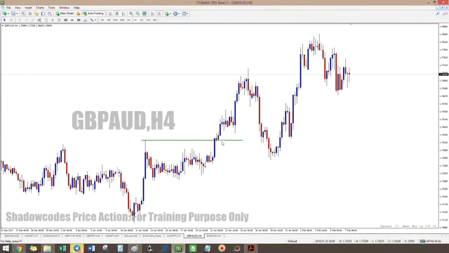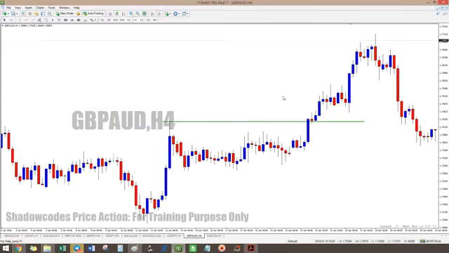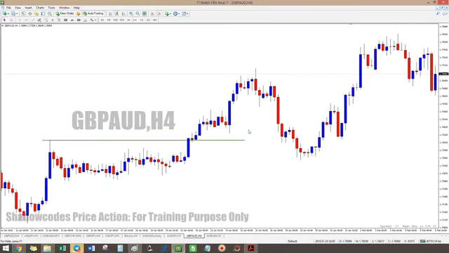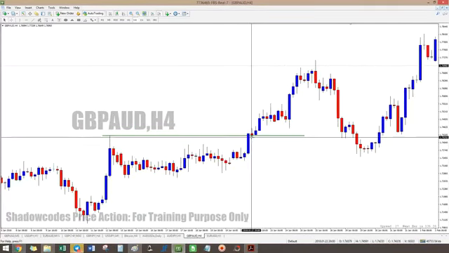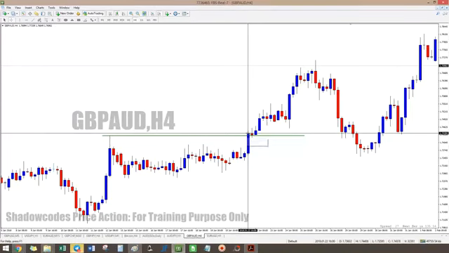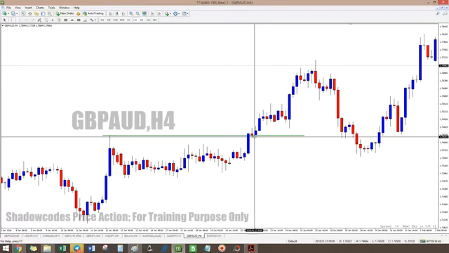Okay, for example, this one, we're looking here. Where is our break? So over here. And the deepest retrace is over here. So our flag is here.